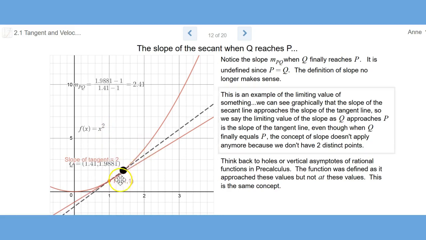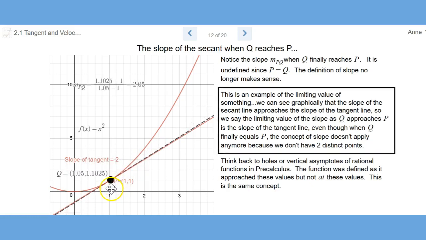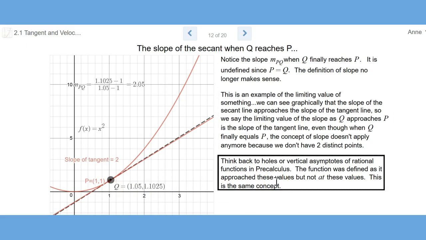You've seen the concept of a limit before in pre-calculus. Think of rational functions in particular. A function approaches a vertical asymptote as x gets closer and closer to where that vertical asymptote is, or a hole.